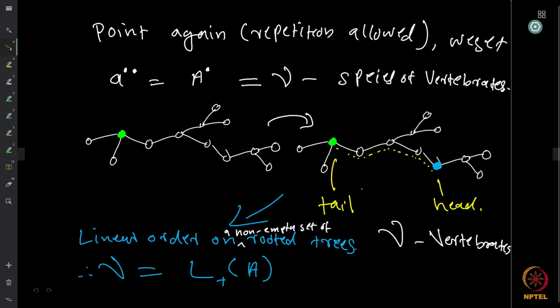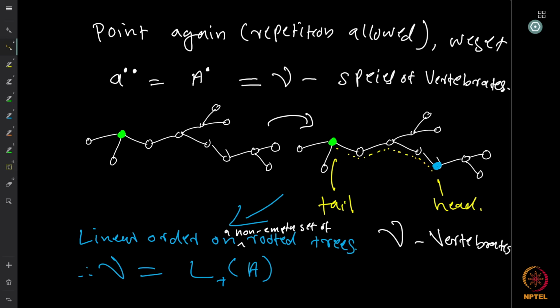Now, once you have a tail and head, since we are looking at trees, there is precisely one path from the tail to the head. There is a unique path defined on trees between any two vertices.